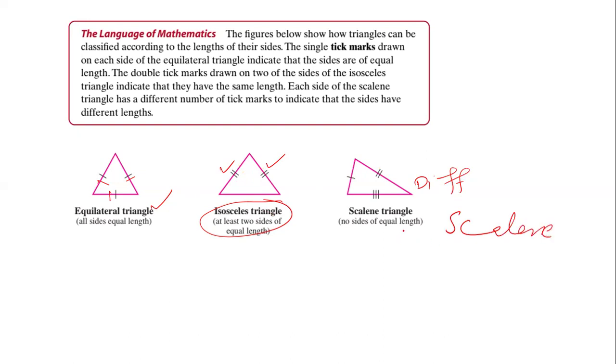So there will be an MCQ like: when all the 3 sides of a triangle are equal, that is known as equilateral. For 2 sides of equal length, that is isosceles, and if all the 3 sides are of different length, that is known as scalene.